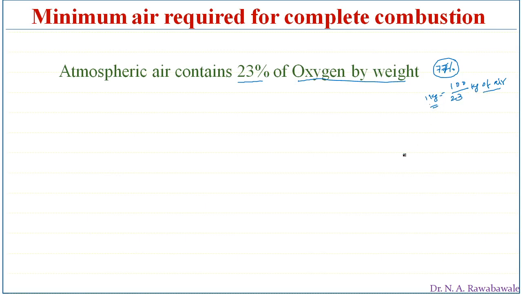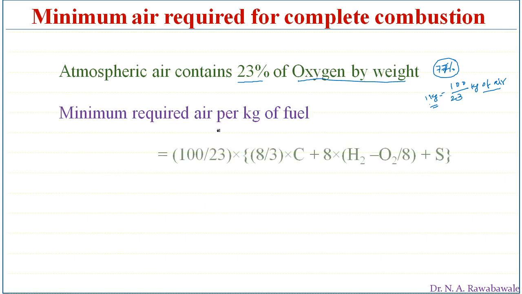So the minimum air required per kg of fuel is obtained like this. The equation which we obtained earlier, 8 by 3 C plus 8 times (H2 minus O2 divided by 8) plus S, is multiplied by 100 divided by 23.